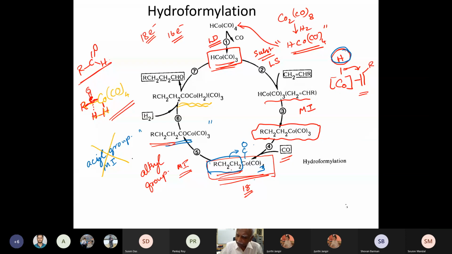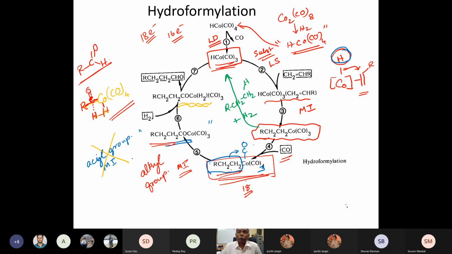I have RCH2Co(CO)3 and I can react it with H2, and then I would generate RCH2CH3 and HCo(CO)3. So I could have generated that species also. So this is a side product.